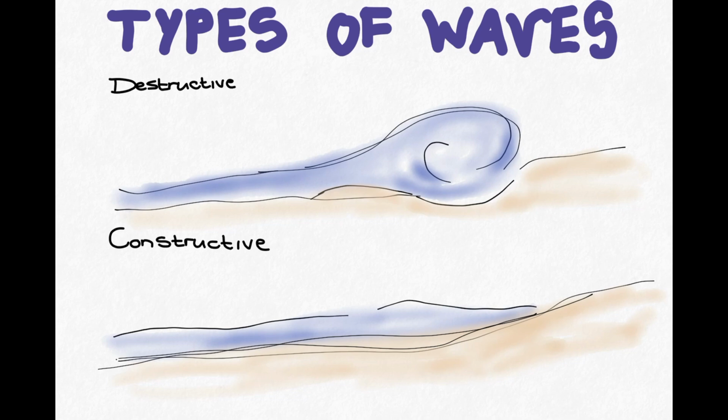Now this is because of the wash and the backwash. A destructive wave will have a weak wash and a strong backwash, meaning that it will not deposit anything onto the beach, but rather take from the beach and take it away into the ocean.